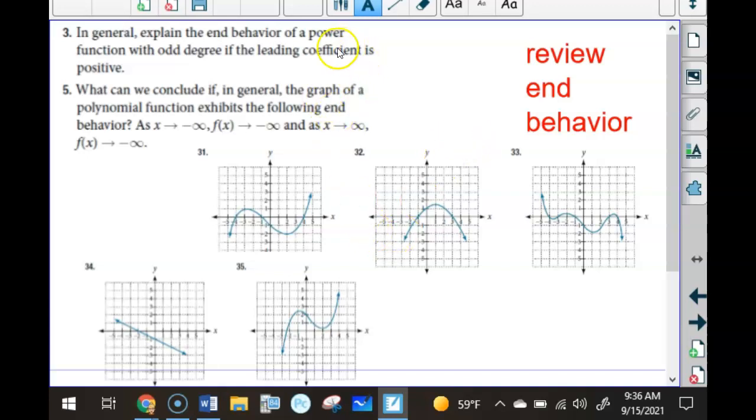So if it is an odd degree, the ends are going in opposite directions, and if the leading coefficient is positive, the left end is down, we don't know what's going on in the middle, and the right end is up, okay? Can anybody tell me how you would write that as an end behavior statement?